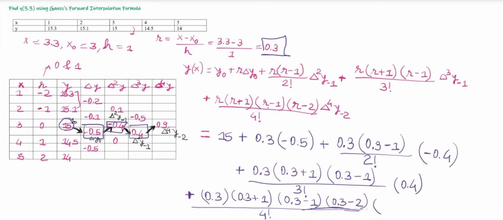So the whole thing is multiplied by 0.9. So it will be equal to 15 plus minus 0.15 plus 0.042 plus minus 0.0182 plus 0.0174.